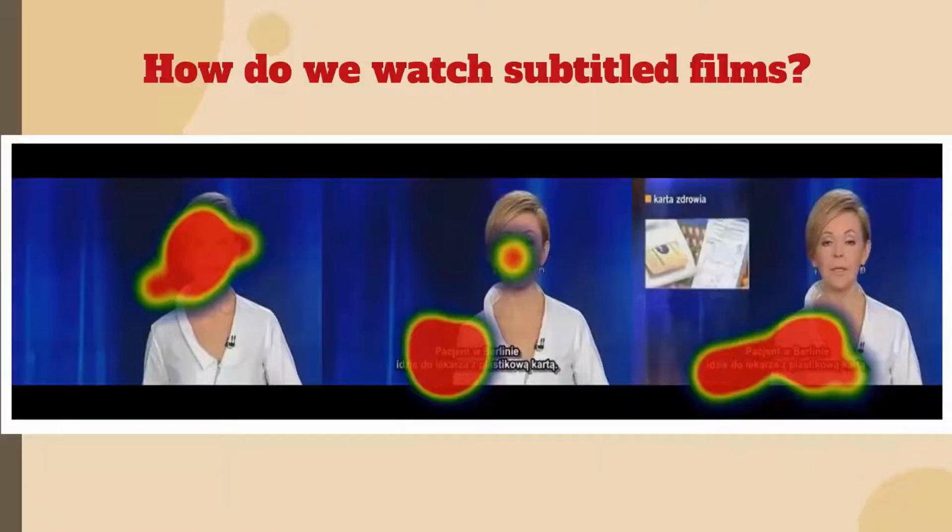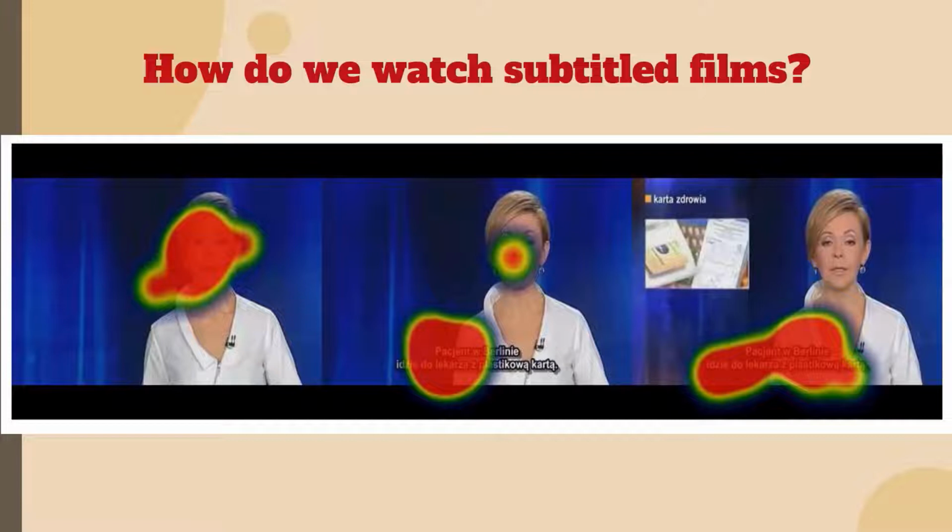In this presentation, I wanted to focus on our research on reading subtitles, or watching subtitled films, and talk to you about this. You can see 3 screenshots here on the left-hand side. It's a very old screenshot. This TV presenter doesn't work any longer on TV. Whenever people are looking at a face, they would focus on the face.